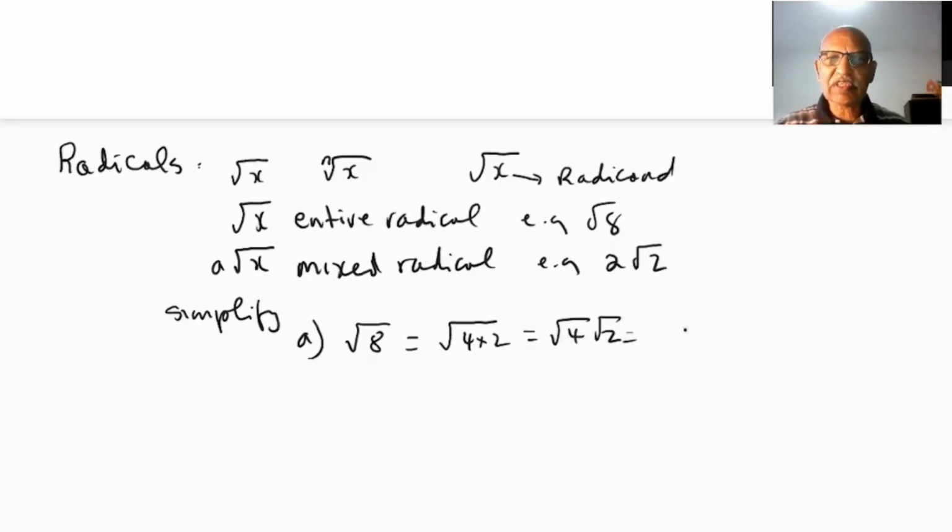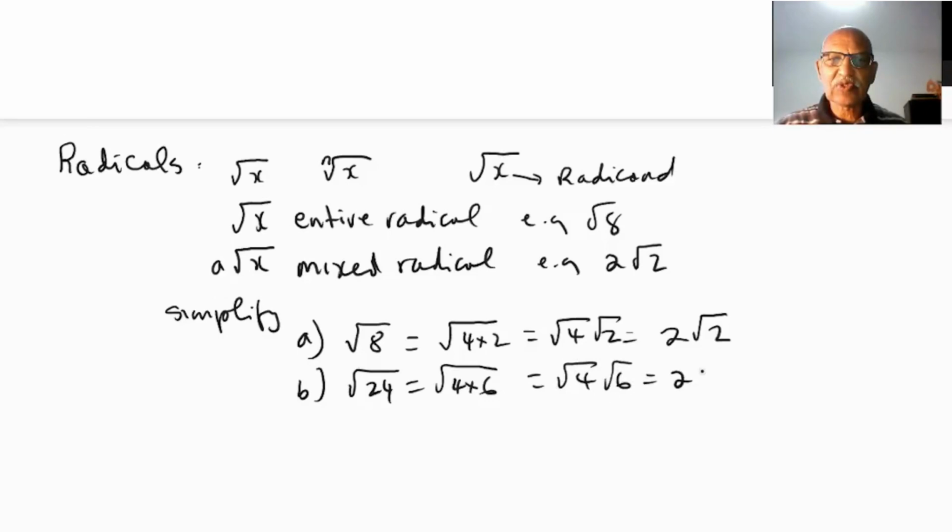Square root of 4 is a perfect number, so 2 root 2. This is an entire radical, this is a mixed radical. If I have square root of 24, 24 can be written as one perfect square, one non-perfect square: square root of 4 times square root of 6, which is 2 root 6.